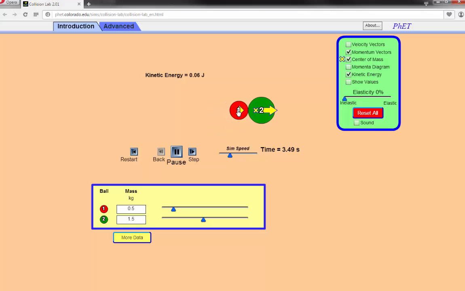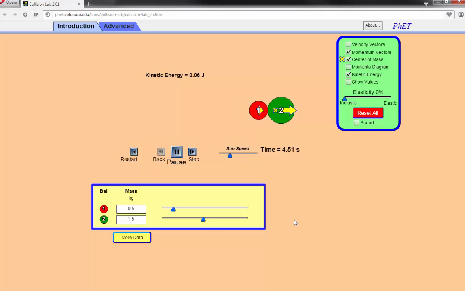If it's 100% elasticity, this one will rebound off of this one such that momentum is conserved. But at 0% elasticity, rather than both being stopped at the end, this one does not rebound at all off of this one. They stick together after the collision.